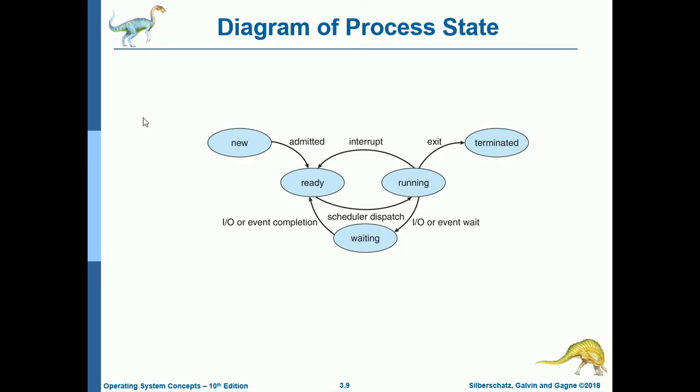So let's return. As I've said, once you click the icon, that's already new, and then it's admitted and loaded in memory, and it is already processed by the processor, so it's in the ready state. Since Microsoft Word is already running, it's in the running state.